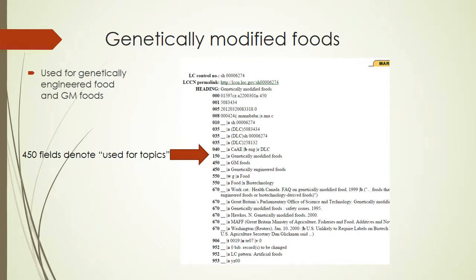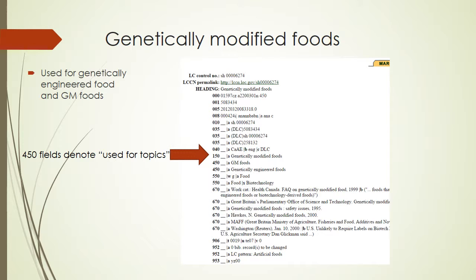And we know that the 150 field indicates that genetically modified foods is a preferred term. It's an authorized heading. The 450 fields denote used for topics. What that means, if you had entered GM foods, it would say use genetically modified foods.